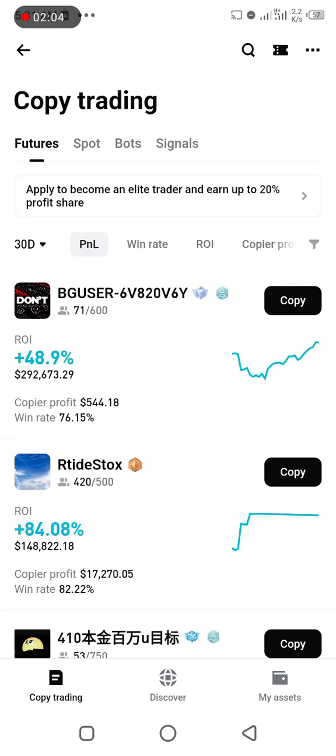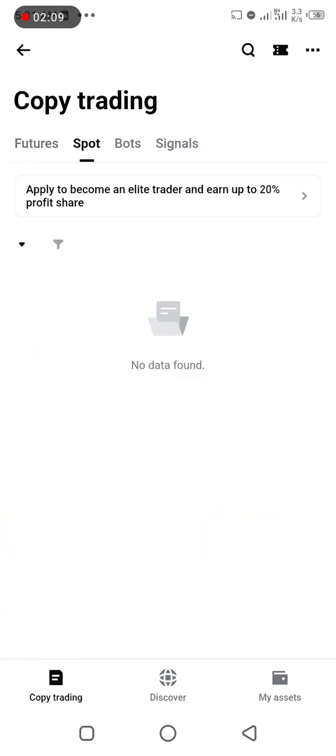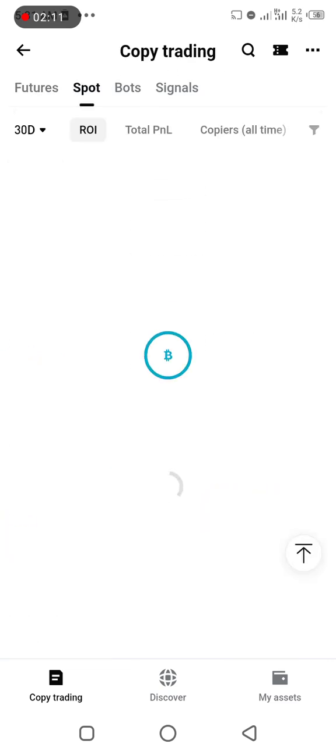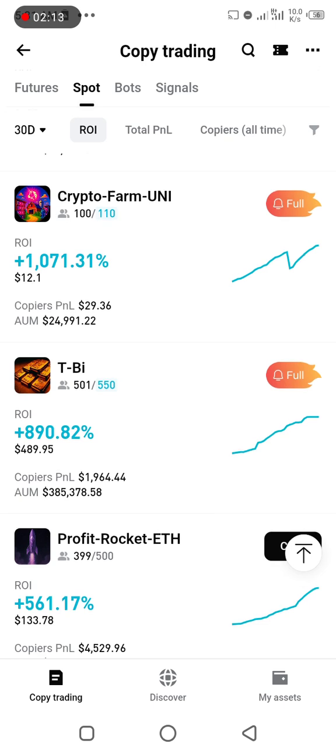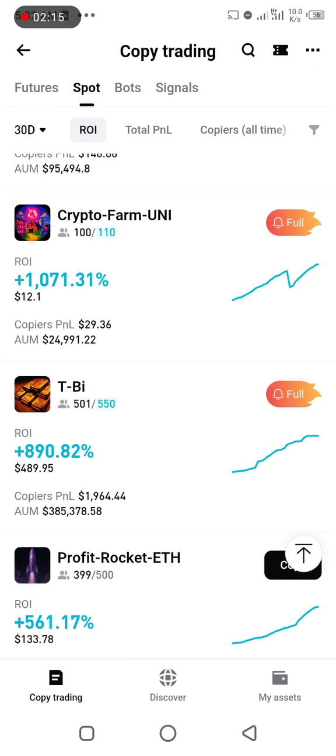Then the one I normally use, or I prefer, is spots. You click on the spots to show you. Yeah, the first guy in spots is already full. His return on investment is 1,071% profit, then $24,000.